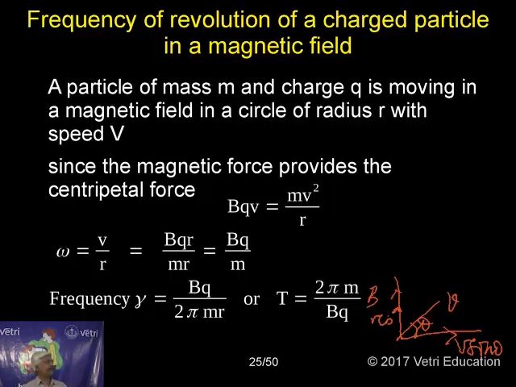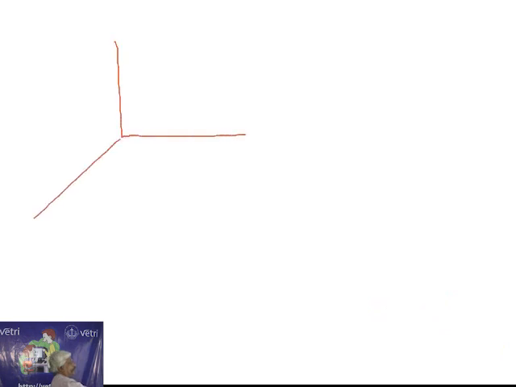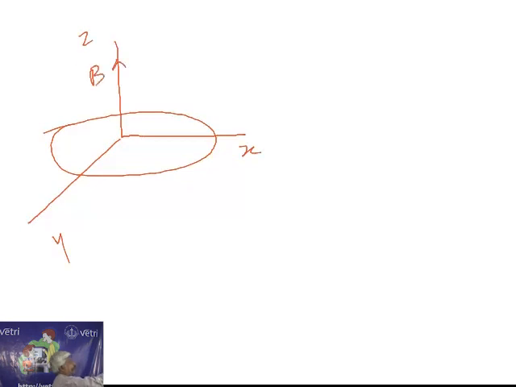Then what is the frequency of revolution of a charged particle in a magnetic field? The frequency of a charged particle, what happens here? So for understanding I draw this diagram. This is the x-axis, this is the z-axis, this is the y-axis. I have a magnetic field of induction B along the z-axis.